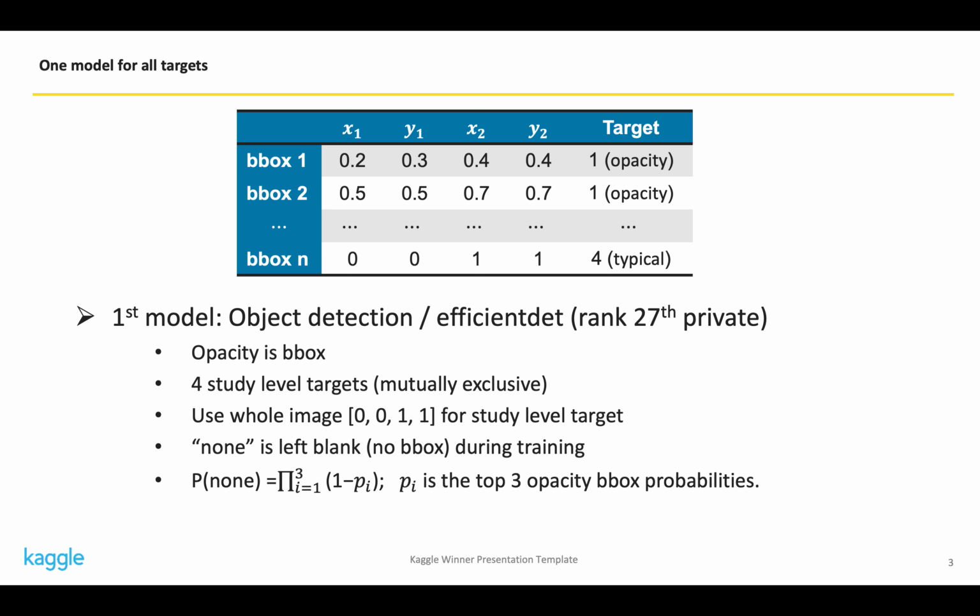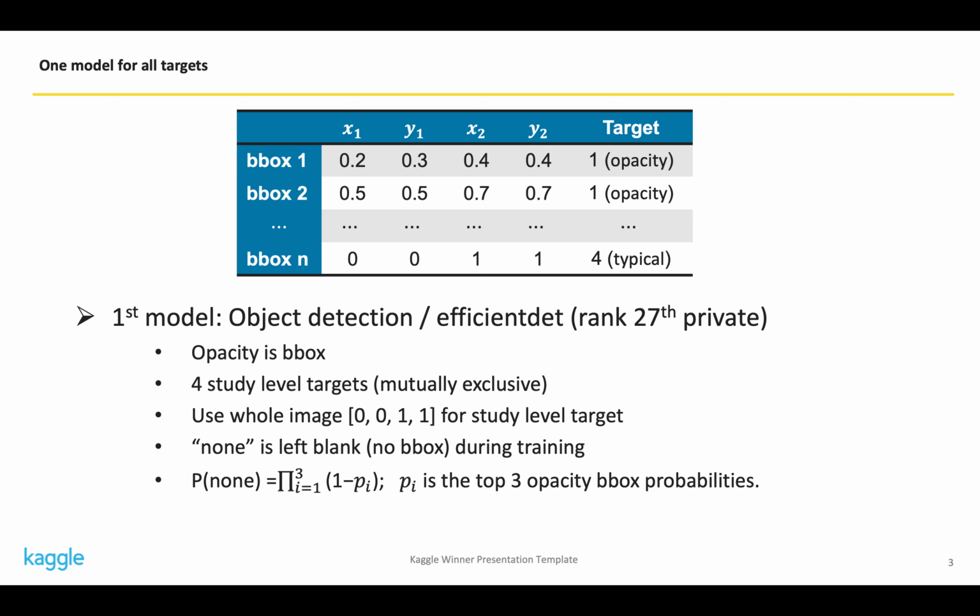Previous experience tells me that I can use the whole image, which is the biggest bounding box of an image, to serve as the target for the study level. And since the 4 study level targets are mutually exclusive, there will be only one bounding box of the whole image to represent one study level target for each image.